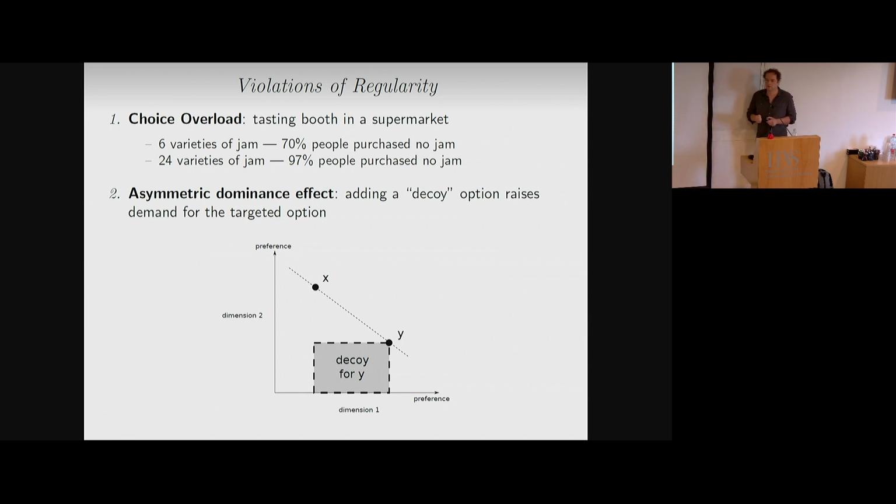Violation of regularity. As you see, this is a between subjects experiment. I didn't say that explicitly, but the math, the theory, is the same. Any questions about this? So I'm ruling all of this out.